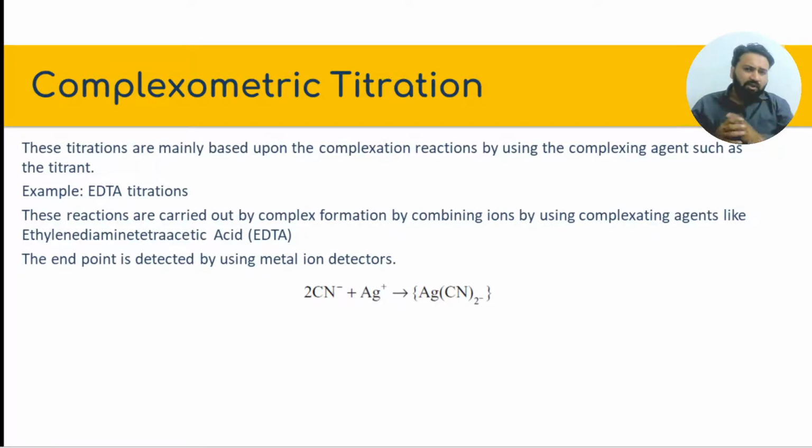Now one very important thing: when these reactions we are talking about in titrations, such as in this case where a complex is formed, how do we determine whether the complex has been formed or not? The point at which the complex is made is known as the end point. For detecting the end point, we use an indicator.